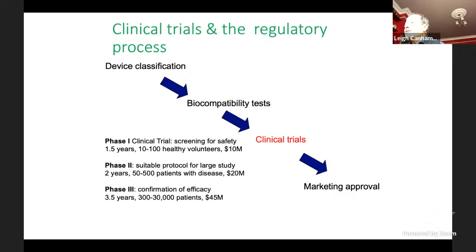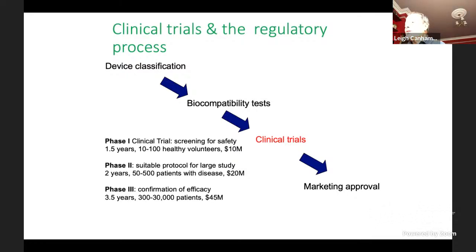So then we have clinical trials and the regulatory process. Once you've classified your device, you then know what testing you have to do.